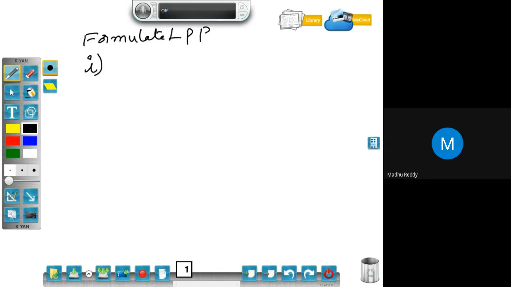The first one is to identify the decision variables.